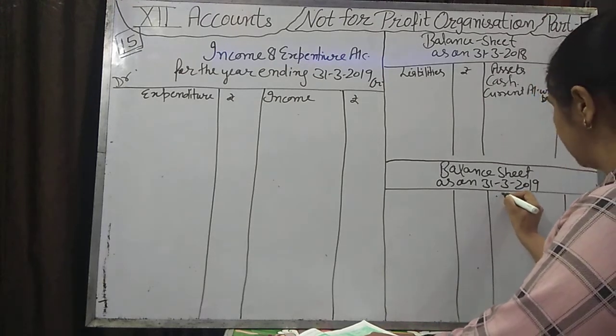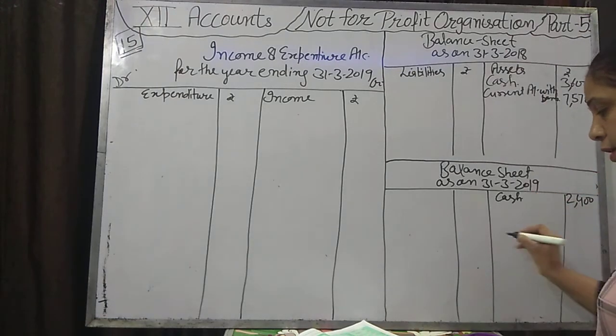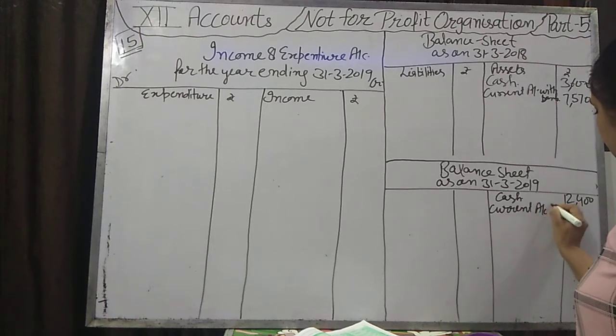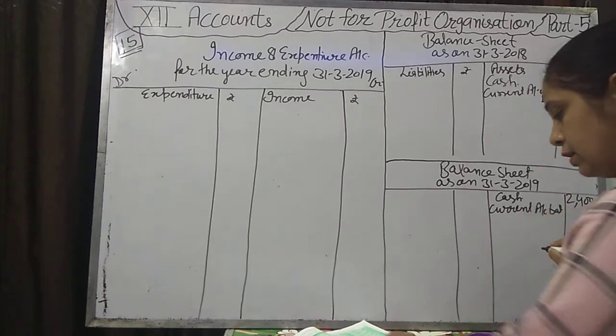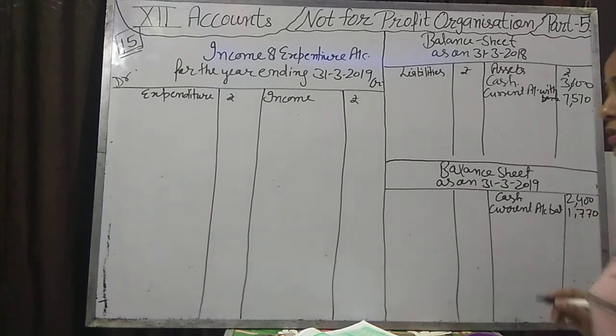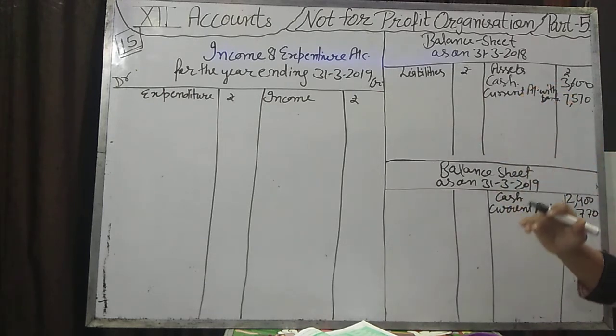On the asset side, cash balance is 2,400 and current account balance is 1,770. First of all you will write these opening and closing balances of cash and bank. Sometimes FD is also given. Opening balance you will write in the opening balance sheet and closing balance you will write in the closing balance sheet.